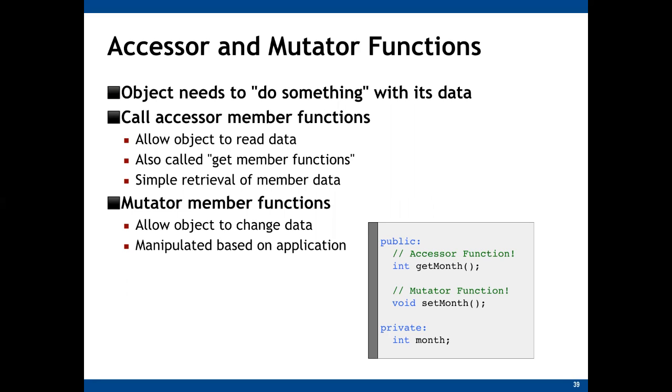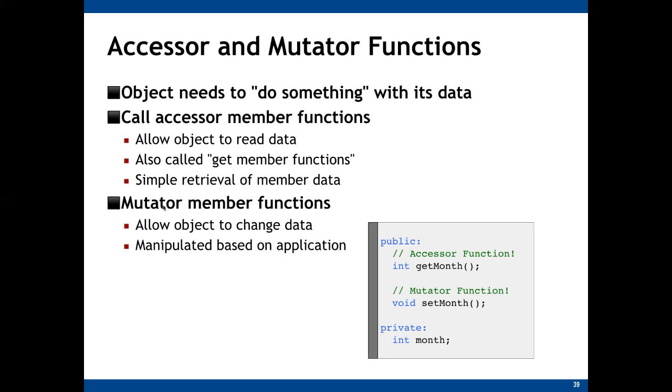And if the member functions are for reading the values of private member variables, we call them accessors. If the member functions are for updating the values of private member variables, we call them mutators.